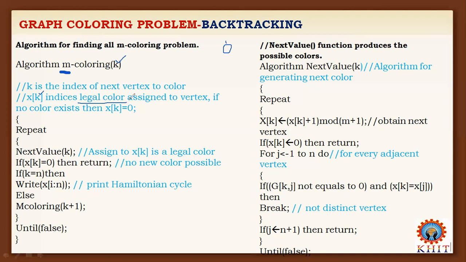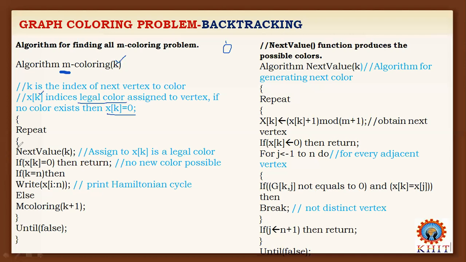You can assign any legal color to the given vertex. If no color exists, meaning a vertex is not to be colored, you can assign x of k equal to 0. X of k equal to 0 means no color is assigned to the given vertex.